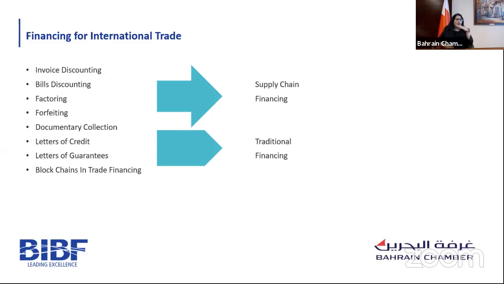So banks all over the world have come up with some new methods, thereby making open account very attractive for exporters. They are calling it structured trade financing or structured financing. They provide facilities to exporters like invoice discounting and bills discounting. They provide factoring.